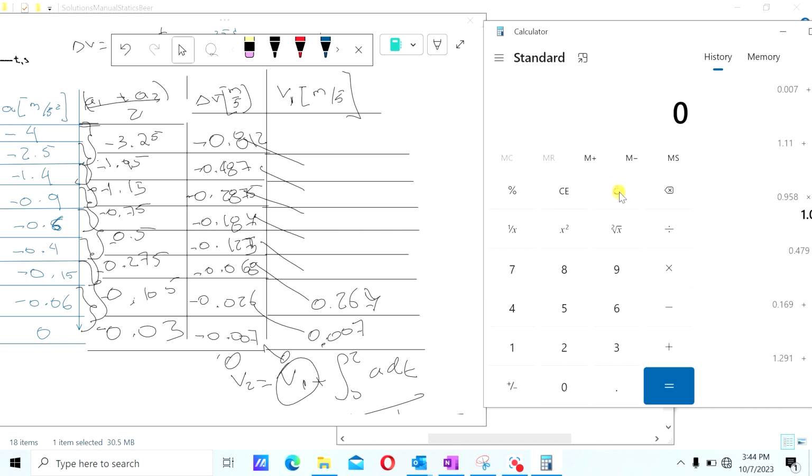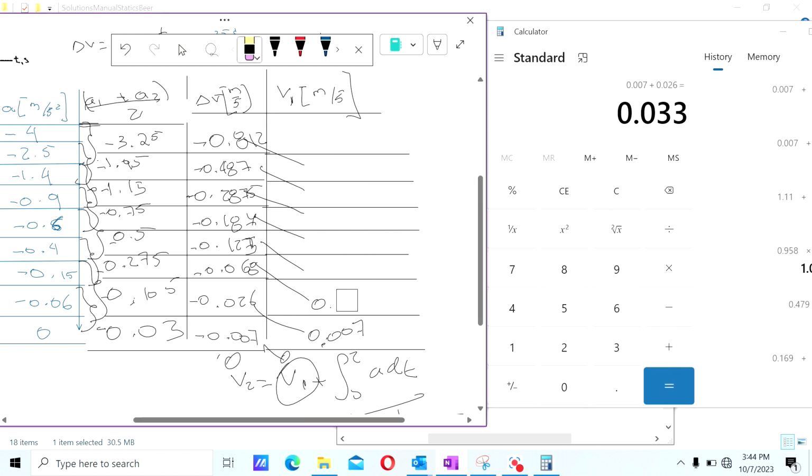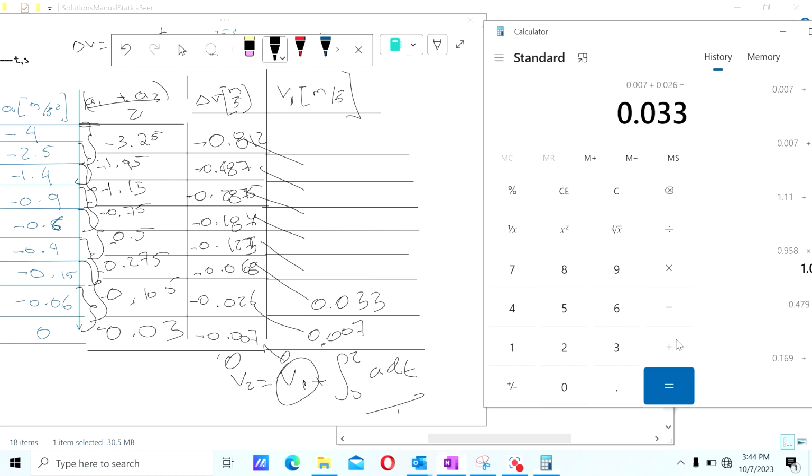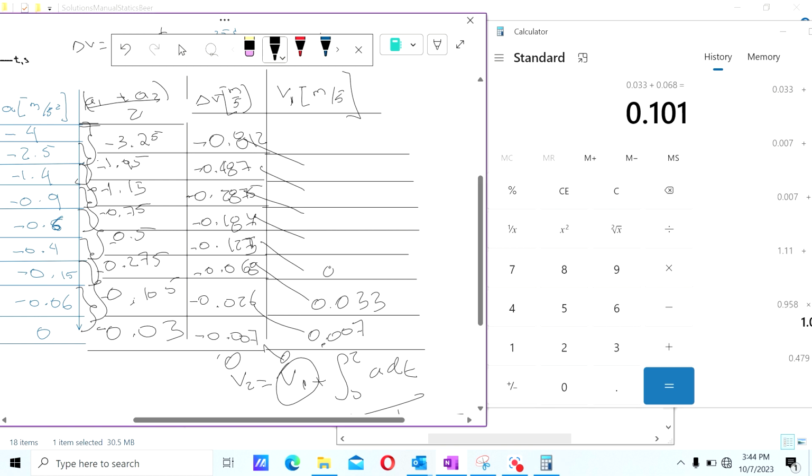I apologize, I did it wrong. So it's 0.7 plus 0.026. All right, that looks better. Plus 0.068 equals 0.101. Notice that all this is positive now.